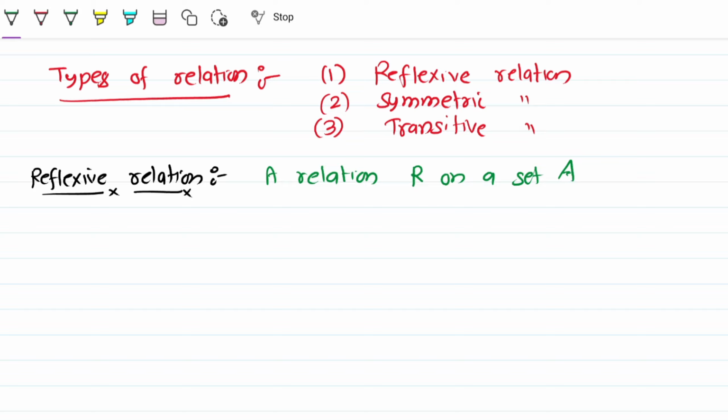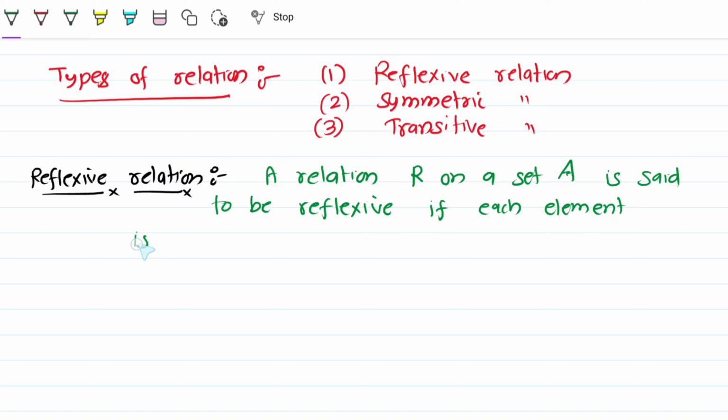So a relation R on a set A is said to be reflexive if each element is related to itself.